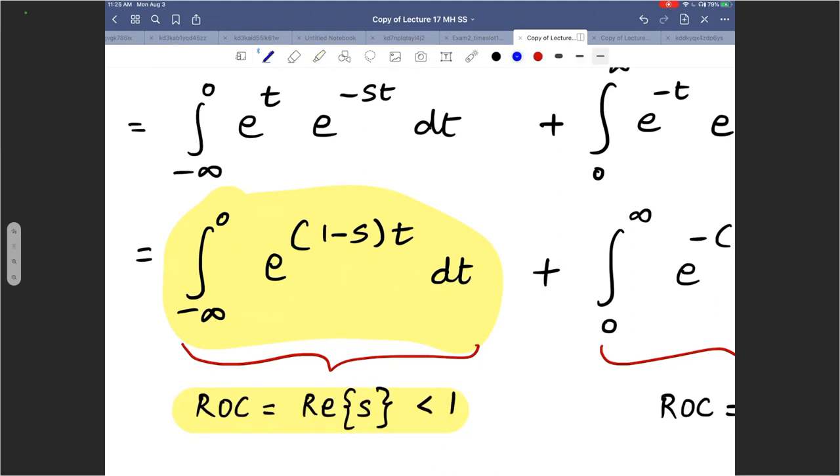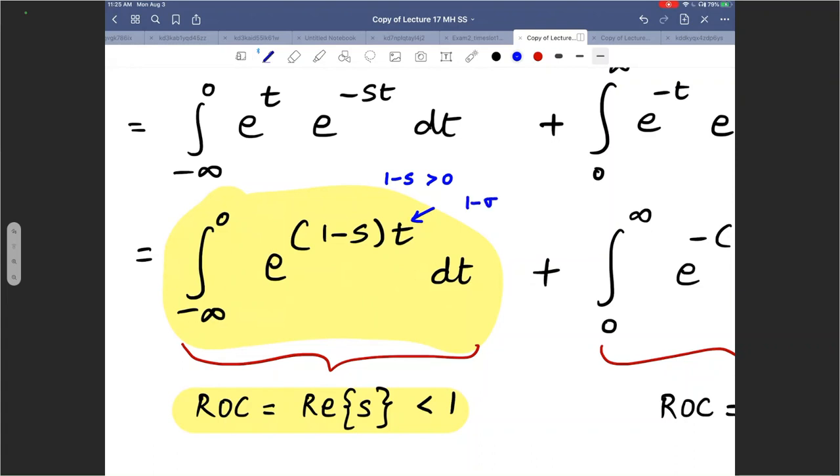I am going to write that in maybe blue. My time variable is negative. If I have my time variable to be negative, in order for me to make this converge, I would want 1 minus s to be greater than 0, right? If 1 minus s is greater than 0 and time is negative, then this will converge. In other words, 1 minus s greater than 0 also means that 1 minus sigma, right?